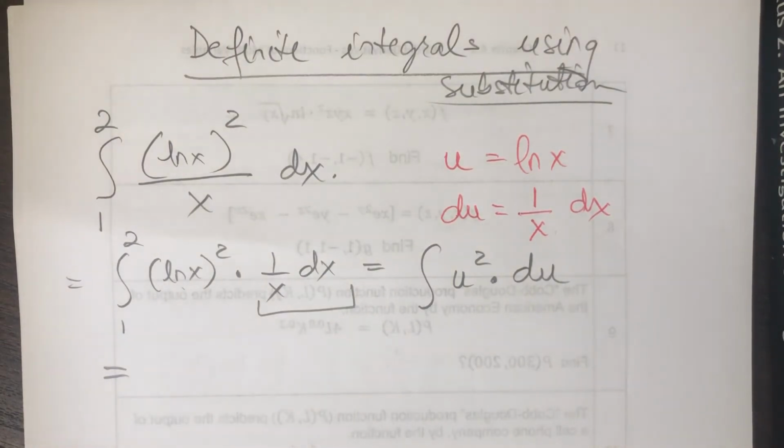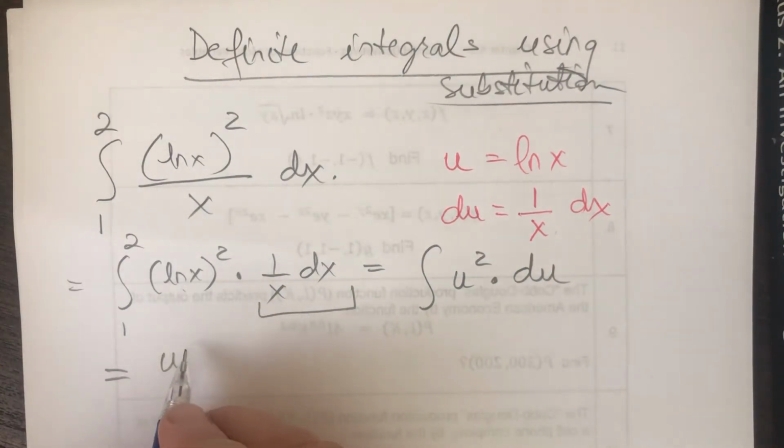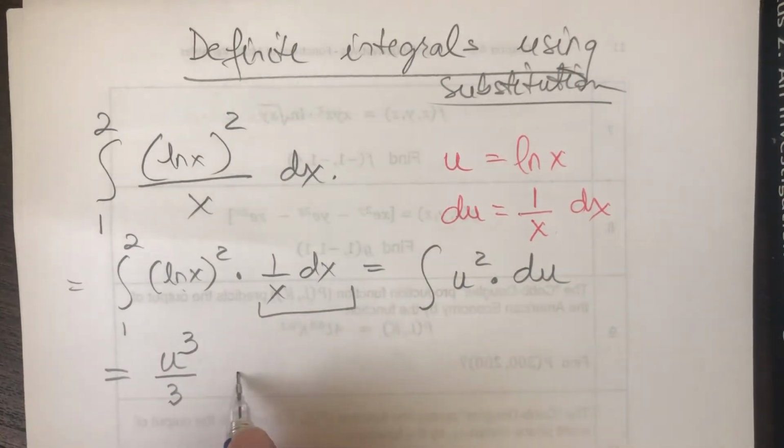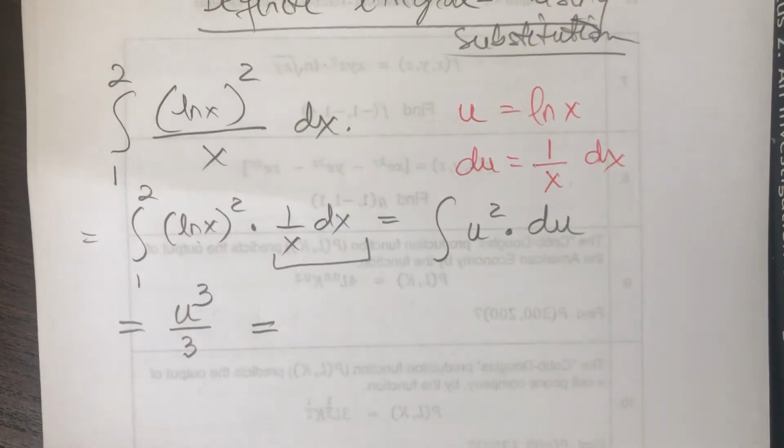Find that capital F function. So what's the antiderivative of u to the second? It's u to the 3rd over 3, yes? Plus my k, except we're not going to have a plus k. And I just keep not wanting to write those limits of integration yet. And I'll show you why.